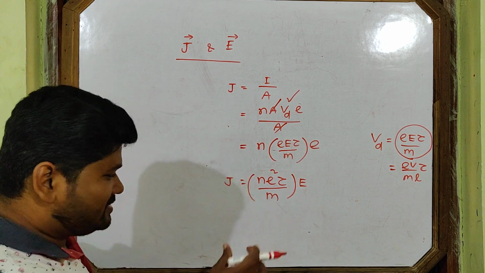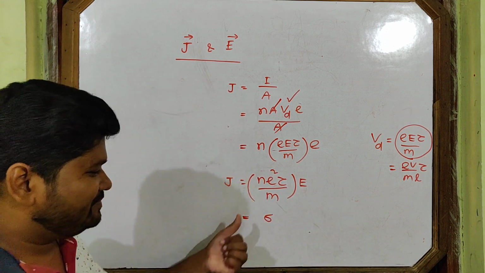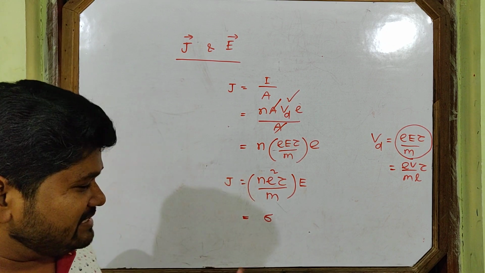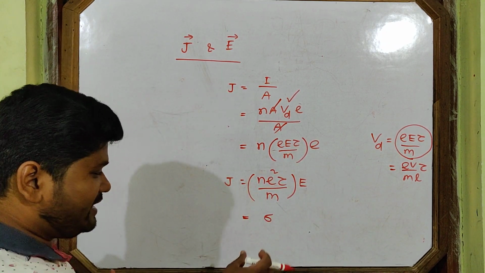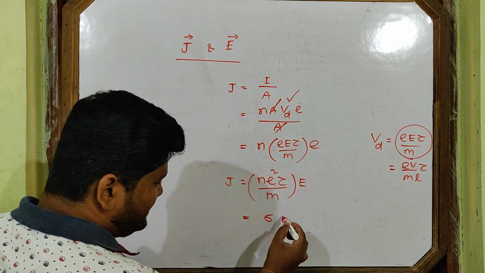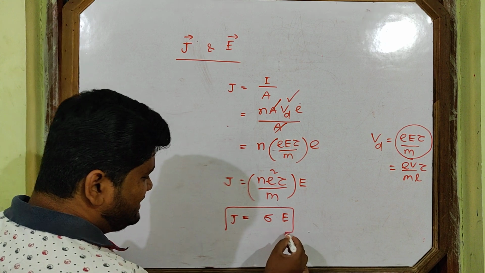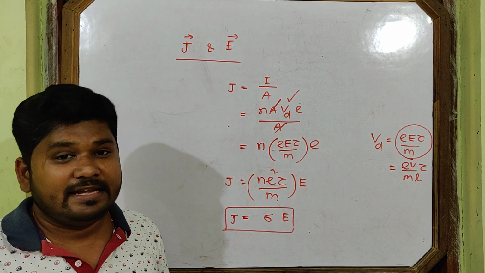Just before 5 minutes I told you this is the expression of conductivity, the reciprocal of resistivity. Resistivity formula is m by n e squared tau. Conductivity is n e squared tau by m. This is the expression of conductivity. So this is the relation between current density and electric field intensity.